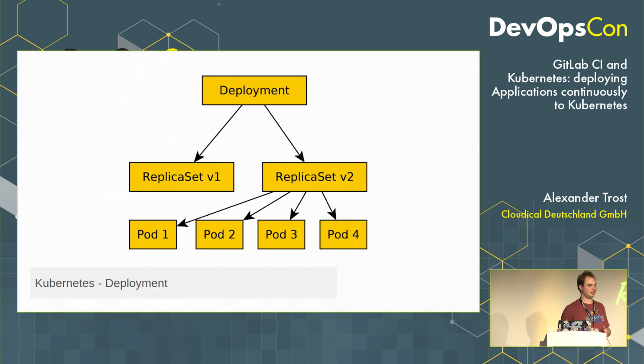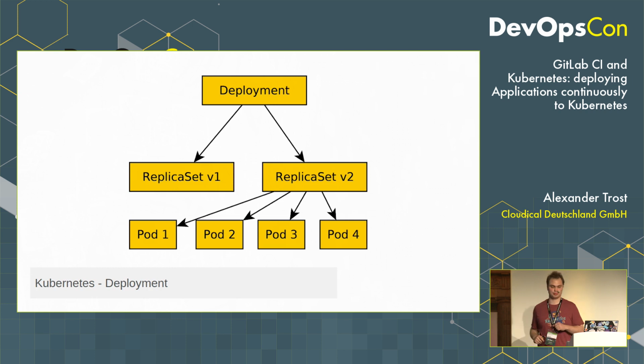If you specify in the deployment object that it should have 2 containers running with a certain configuration, the deployment takes care of running those 2 replicas, basically those 2 containers that you want in the Kubernetes cluster. The part I've just added here, the replica set, is kind of like a history for deployments.